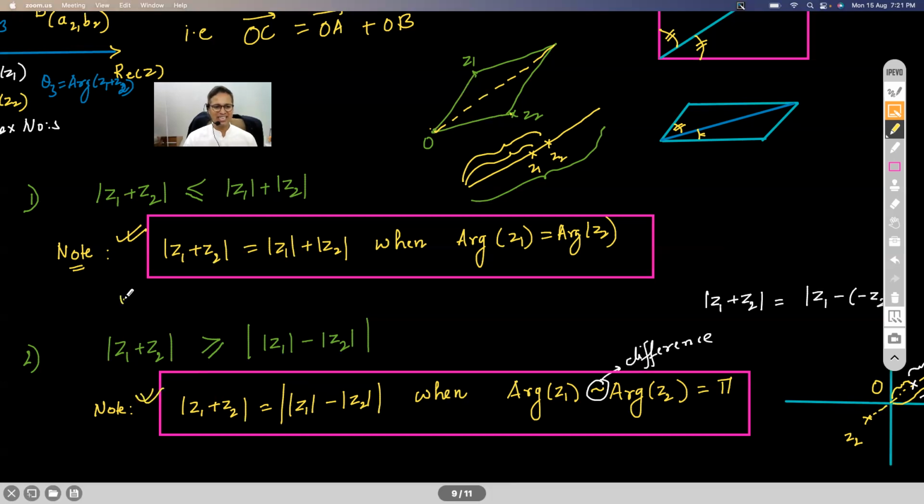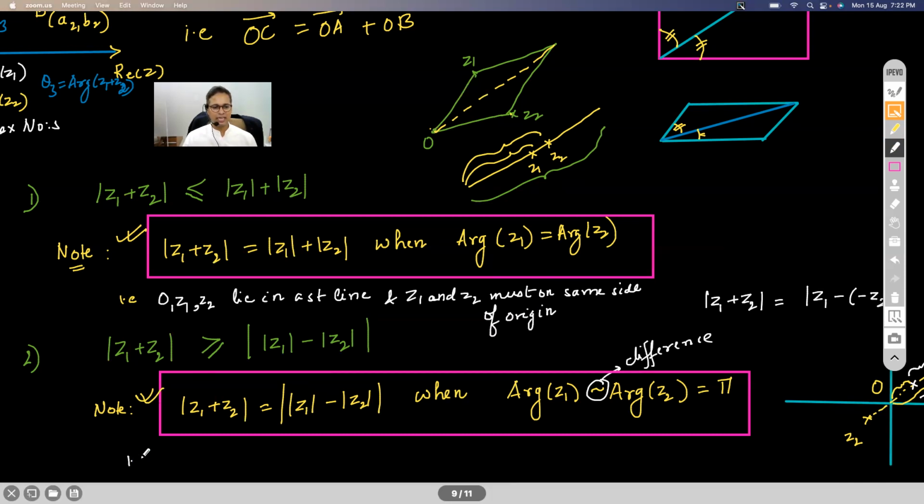So you may write it down as a way of remembering. O, z1, z2 lie in a straight line, and z1 and z2 must be on the same side of origin.